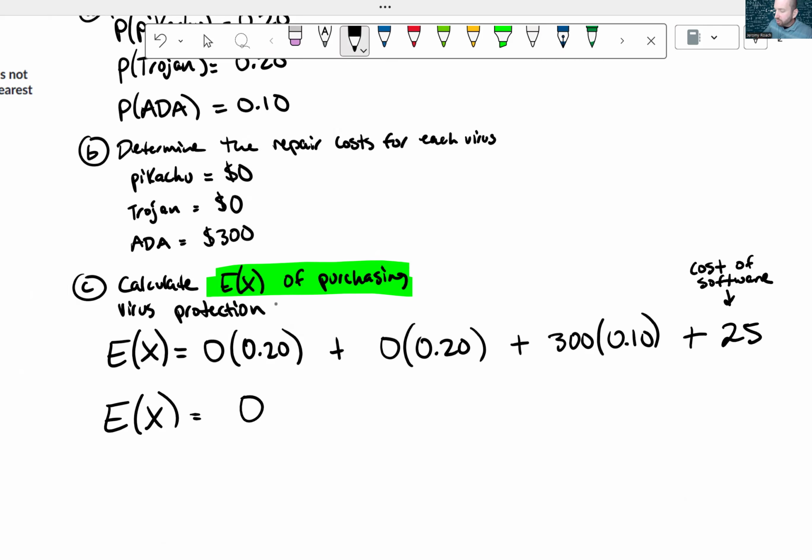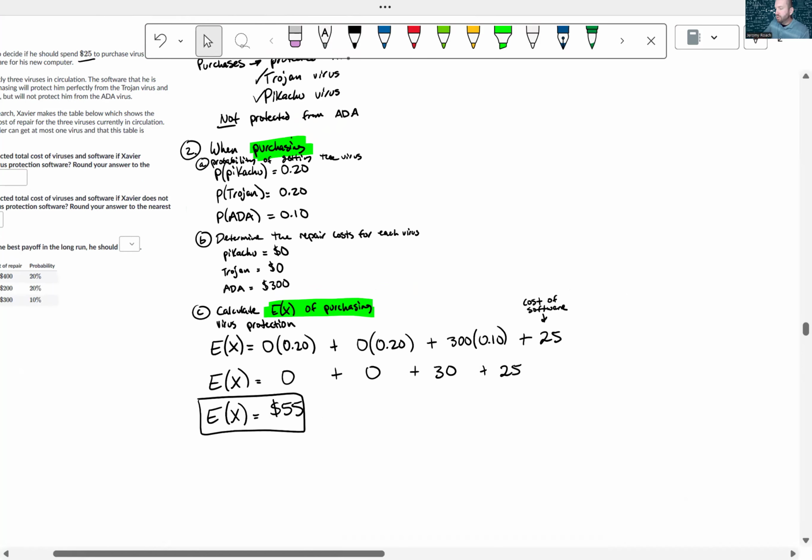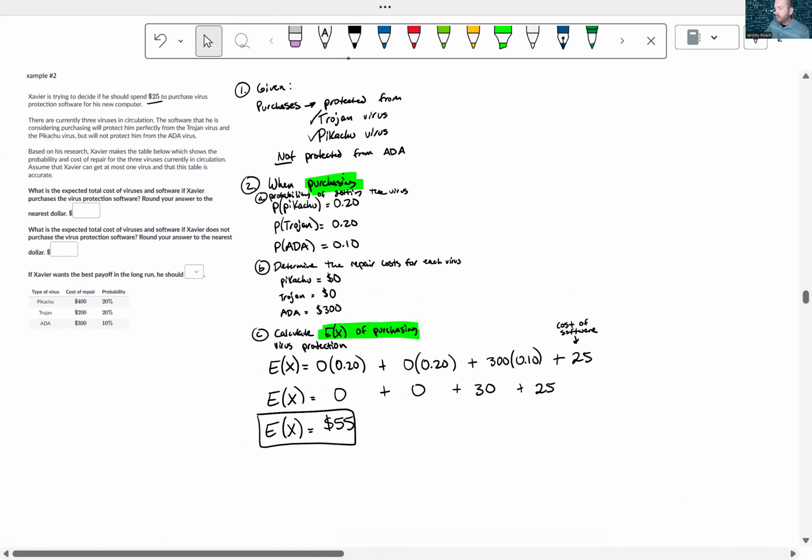So now we have 0 plus 0 plus 300 times 0.1 is 30 plus 25. So our expected value for the cost of this is $55. And that's if he does purchase the software. That's how much he's paying to protect his computer from viruses in general if he purchases the software.